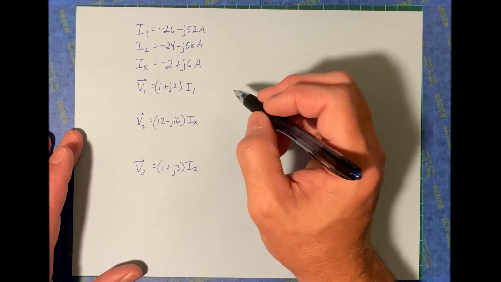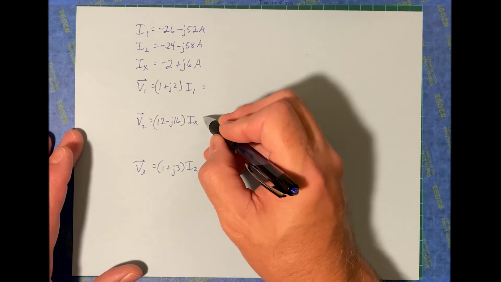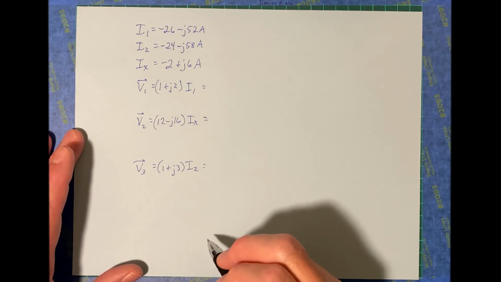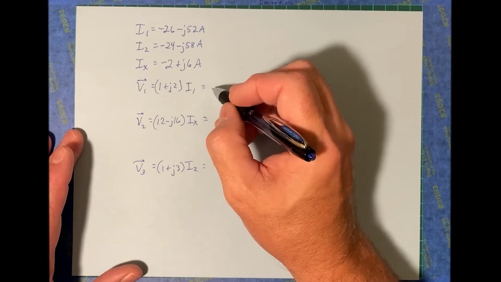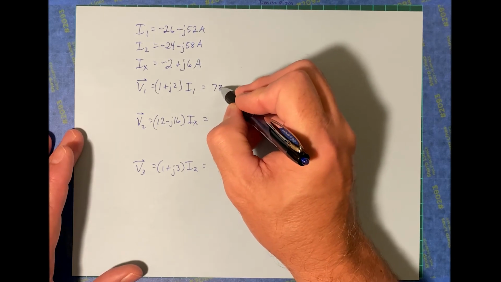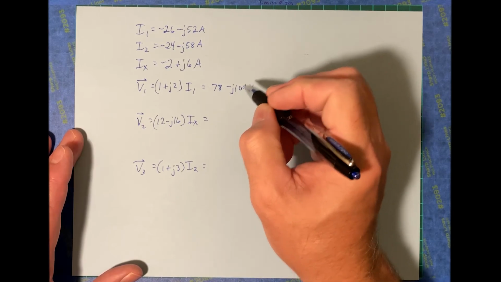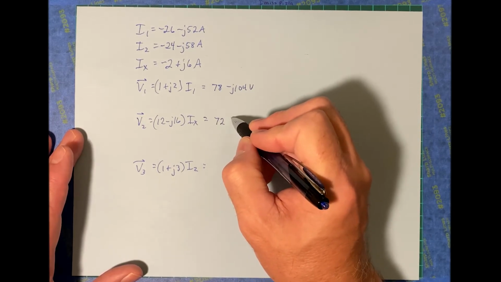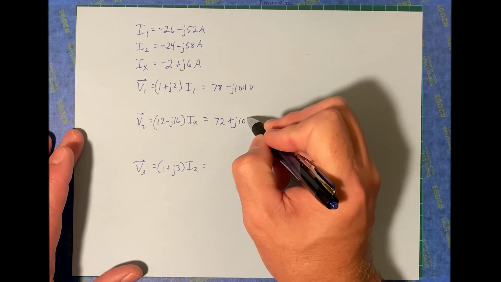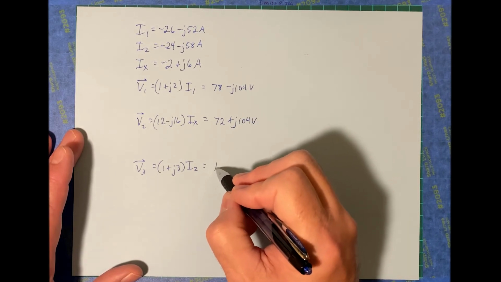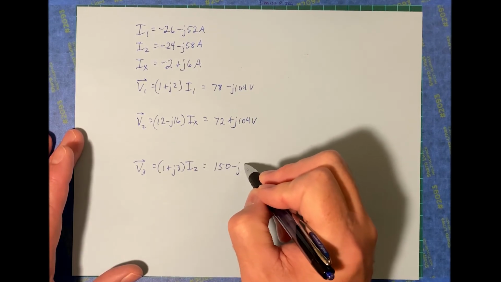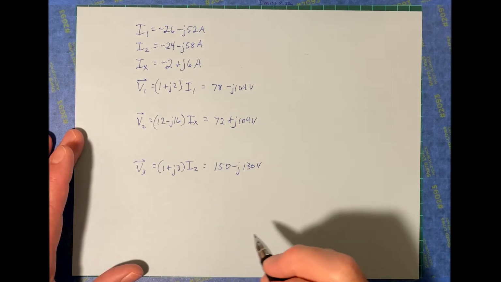We need to do the multiplication and figure out the answers. I will leave it up to you to go through those steps. You end up with 78 minus j104 volts, 72 plus j104 volts, and 150 minus j130 volts, like that.